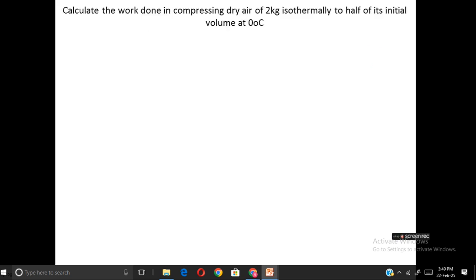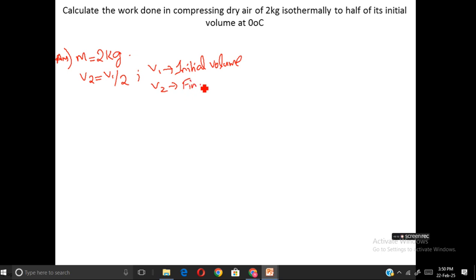Now let's try to do a problem from this equation. Calculate the work done in compressing dry air of 2 kg to half of its initial volume. So mass is given as 2 kg and the change in the volume: V1 is the initial volume and V2 is the final volume.